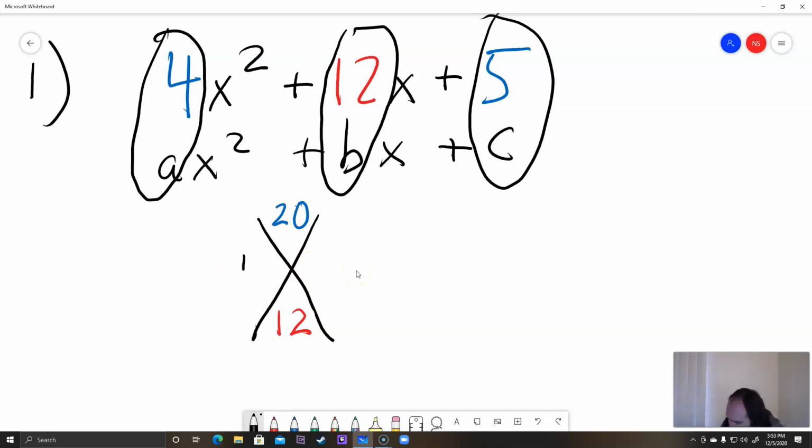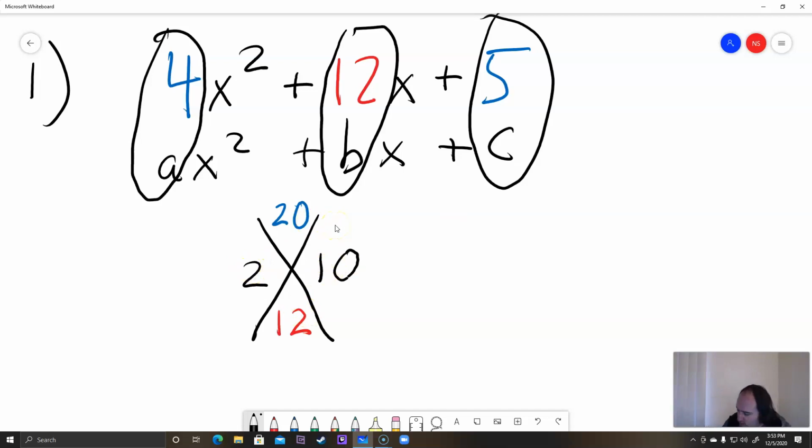So if we tried 4 and 5, those do multiply to 20, but 4 plus 5 is 9, so they don't add to 12. So we're going to have to try a couple other numbers. So instead of 4 and 5, let's try some other numbers. How about 2 and 10? So 2 times 10 is 20, but 2 plus 10 is 12.